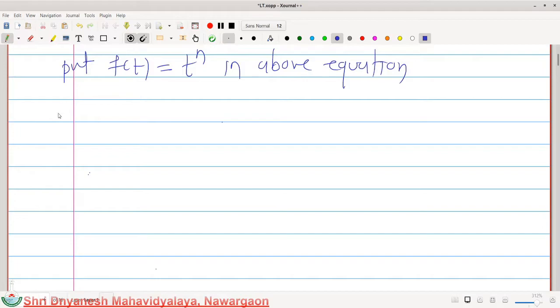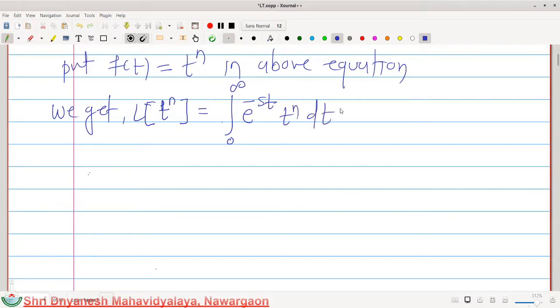We get Laplace transform of t to the power n equals integration 0 to infinity e to the power minus st t to the power n dt. So in order to find Laplace transform of t to the power n, you have to solve this integration.